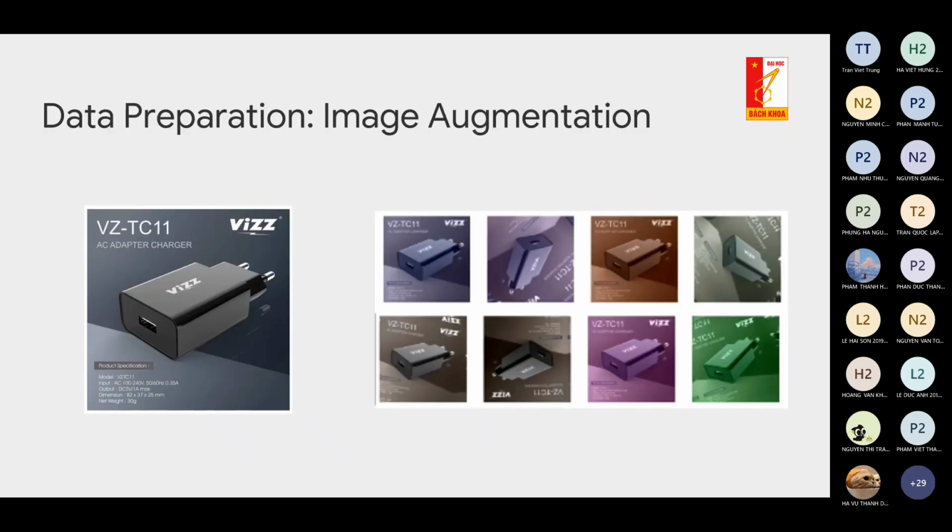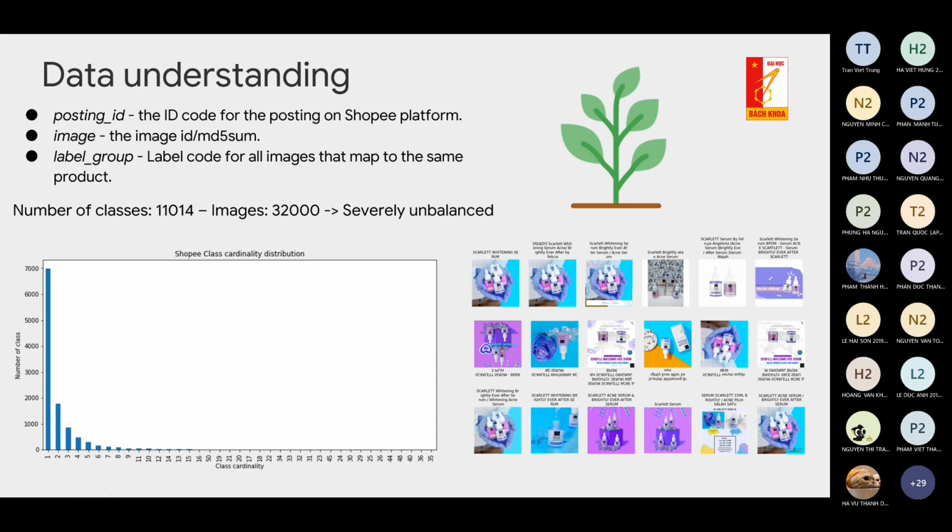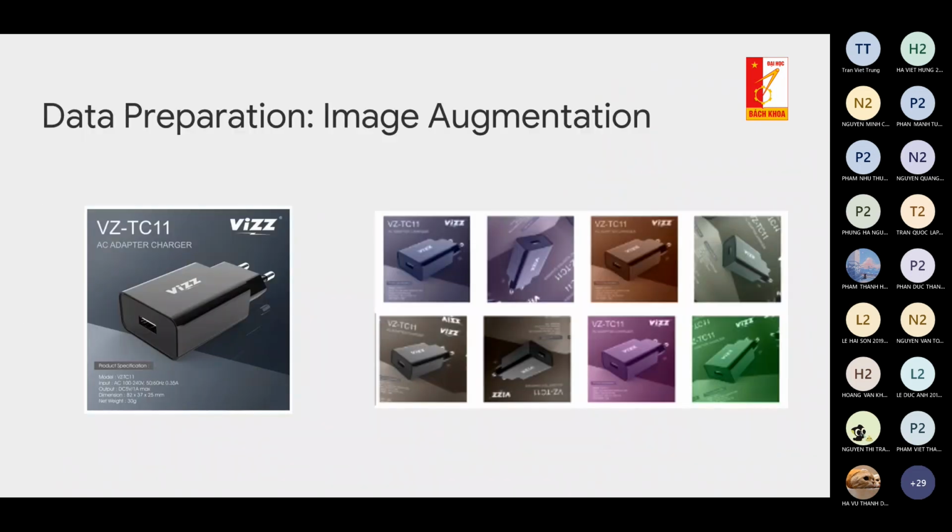And as discussed, our classes are severely unbalanced. So to reduce the harmful effect of this imbalance, we need to do some data pre-processing, and the most important is augmentation.